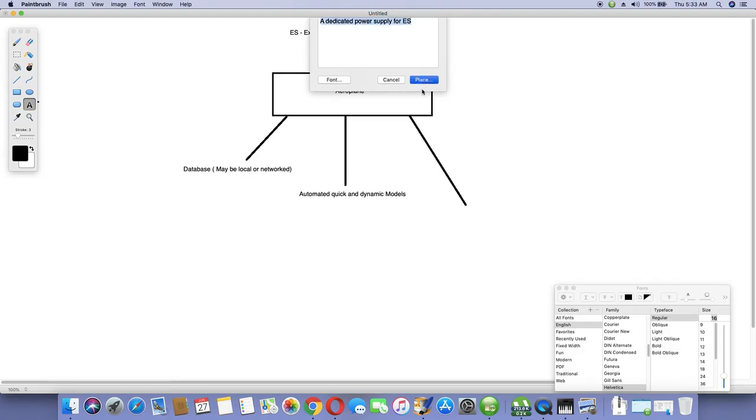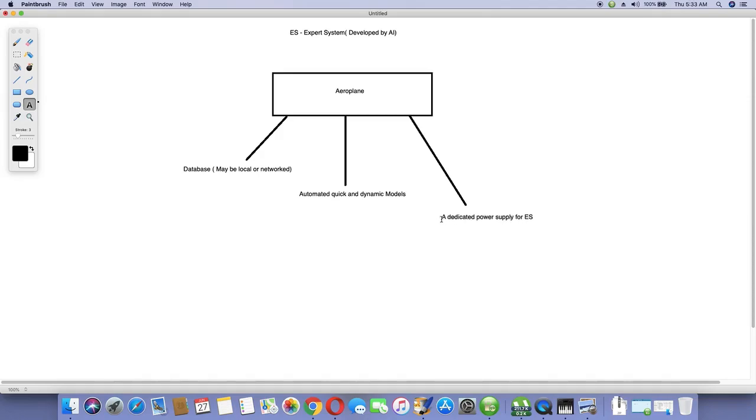I predict that, because when the aeroplane's basic and primary power supply is down, the ES system should still work. If the ES system fails along with the primary power system, that would not be useful or suitable. So a dedicated power supply for ES absolutely should be there.